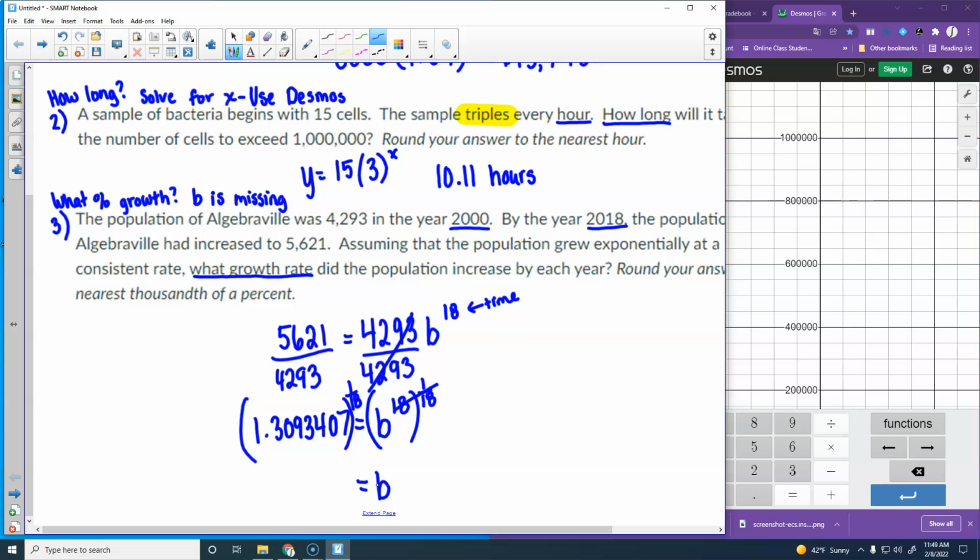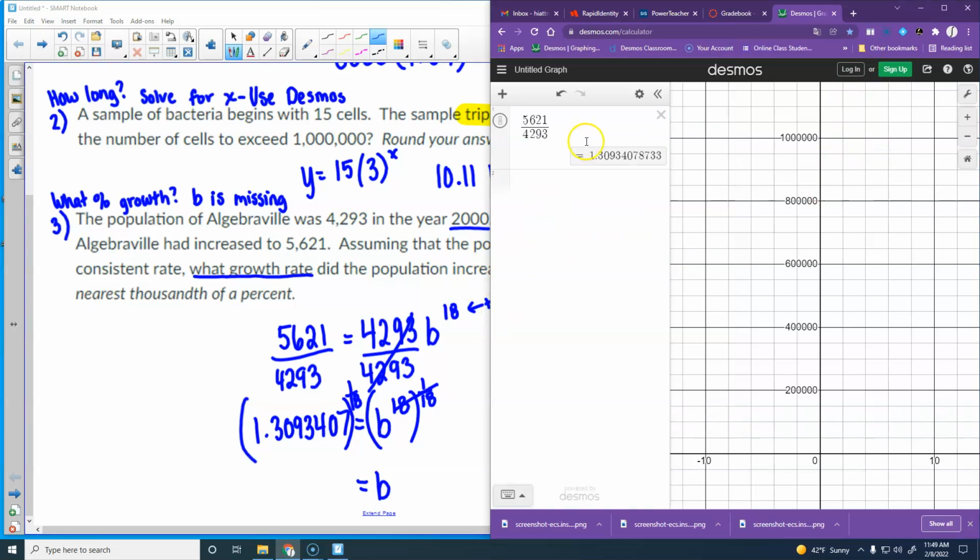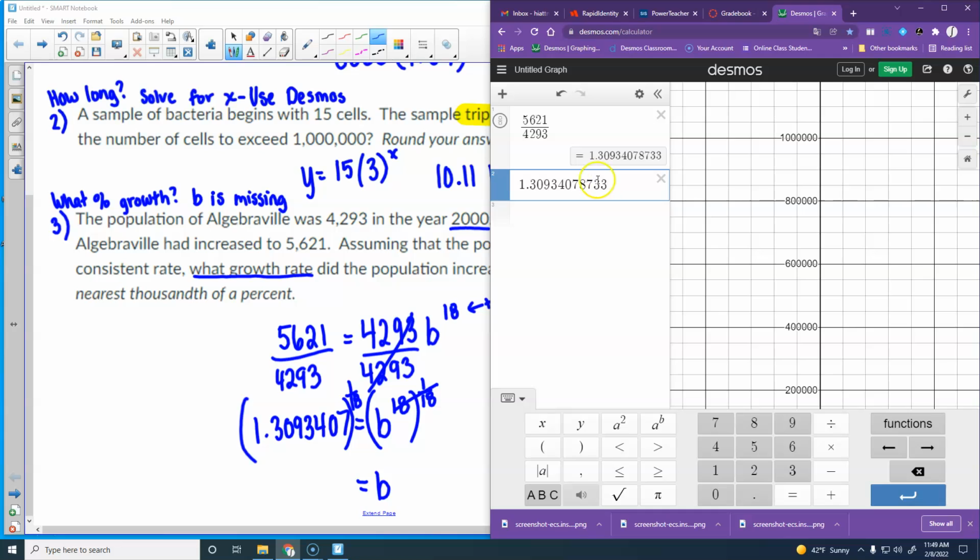And we would have b here. Then in the calculator, we're just going to copy this number, use the whole number, and raise it to the 1 over 18 power. And so I get 1.01508.